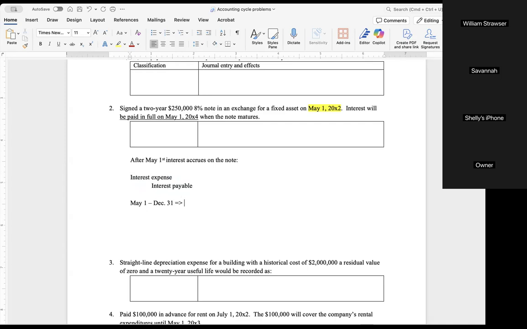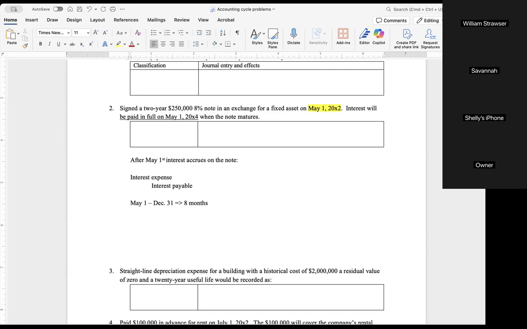It's always an annual adjustment. So between these two dates, how many months are there? 7. Oh, I was just counting the months in my head. Oh, so there's actually one more than 7. There's 8 months. Oh, you see, I would have got that wrong.